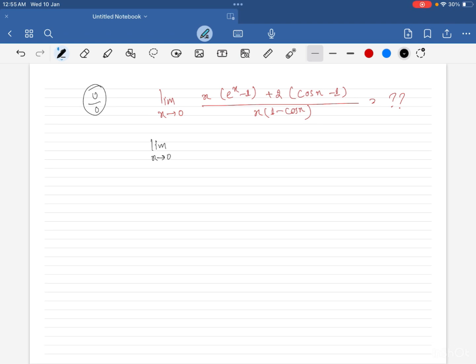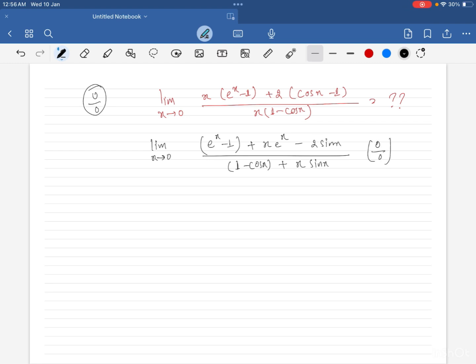So it is going to be e to the power x minus 1 plus x into e to the power x minus 2 sin x, and here that will be 0 divided by x, here we will have x, 1 minus cos x plus x times sin x, right? Now if we put limit, that is again going to be 0 by 0 form.